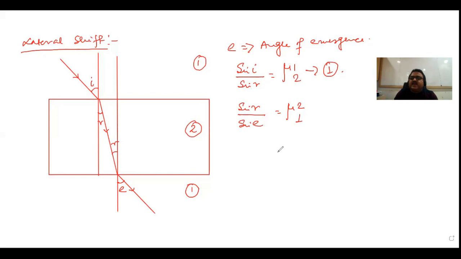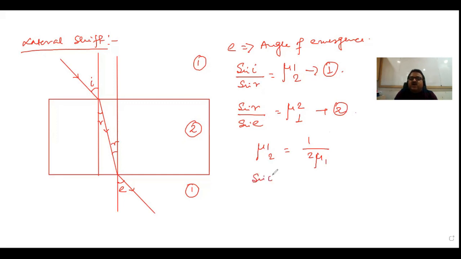Okay. And what I'm doing here, as we know, the relation between 1 mu 2 and 2 mu 1 is this. We can write mu 1 2 is equal to 1 by 2 mu 1. So I'm going to apply that relation in this case. So mu 1 is what?